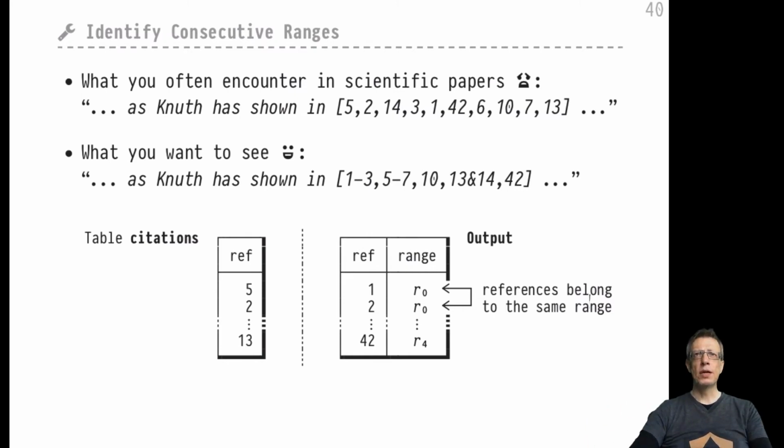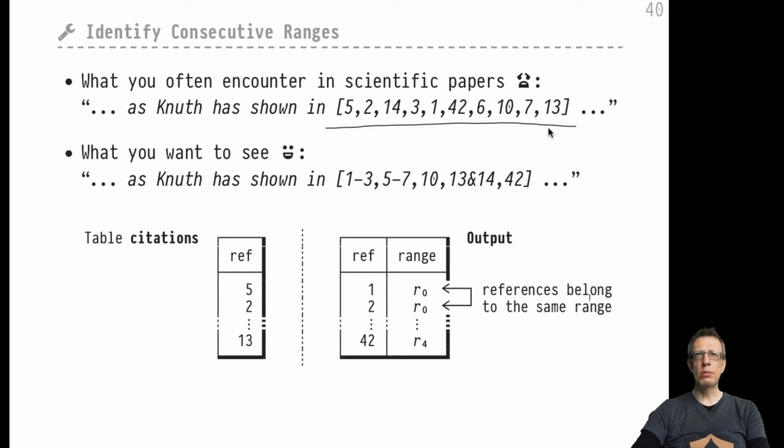It has been motivated by papers that you find out there that look like this: blah, blah, blah, as Knuth has shown. Knuth has written a lot of papers, there's a lot of good stuff to cite there, but often in papers you find a jumbled mess like this: as he's written in 5 and 2 and 14 and so on. I've just listed them here in any order, as I arbitrarily and randomly encountered these papers.